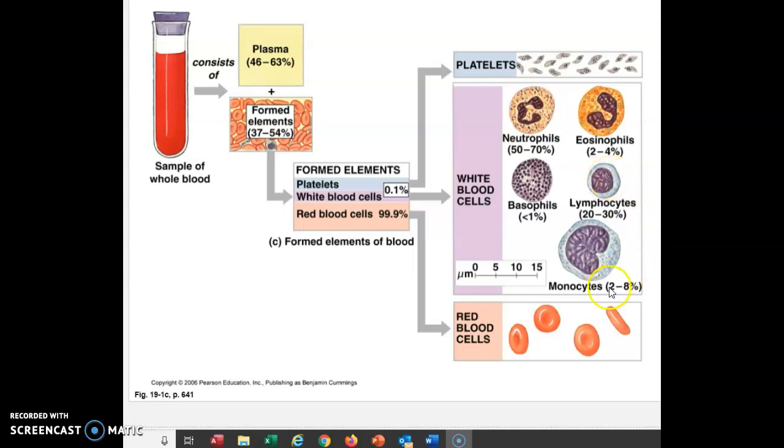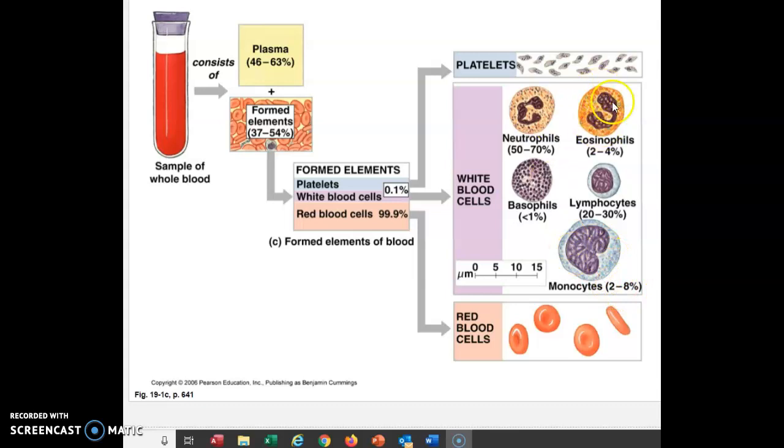All right, so next then, my monocytes. I like to call this Clark Kent, because we know Clark Kent turned into Superman, and monocytes have the ability to turn into a cell called a macrophage, which is a really incredible killing cell. It kills a lot of infections and stuff. Anyway, monocytes make up 2 to 8%.